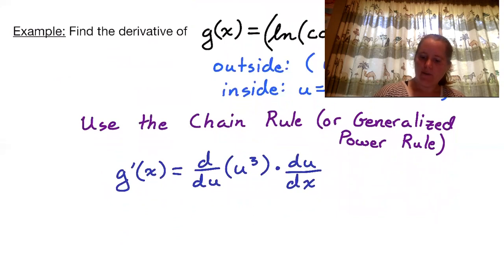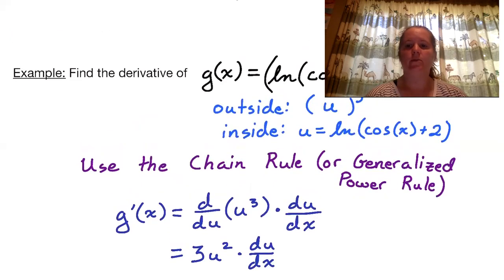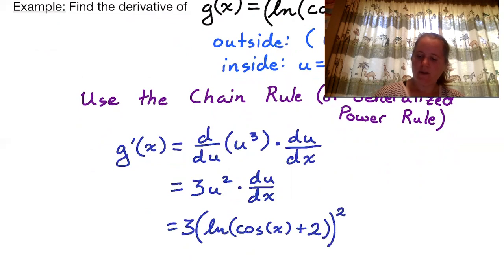Using that power rule, that derivative of u cubed is 3u squared multiplied by the derivative of u with respect to x. At this point, we will go ahead and plug back in our u. So u is the natural log of cosine of x plus 2. So we have 3 times the natural log of cosine of x plus 2, that whole thing squared.